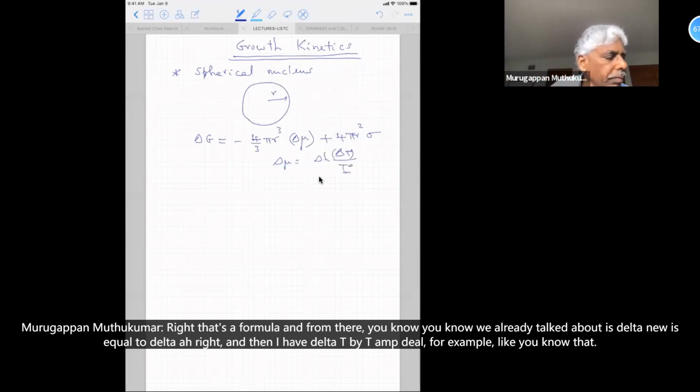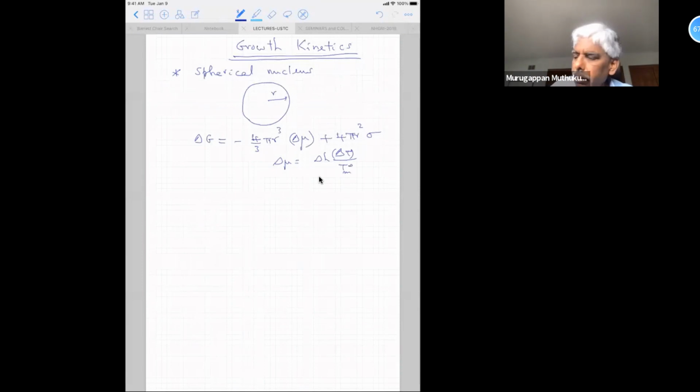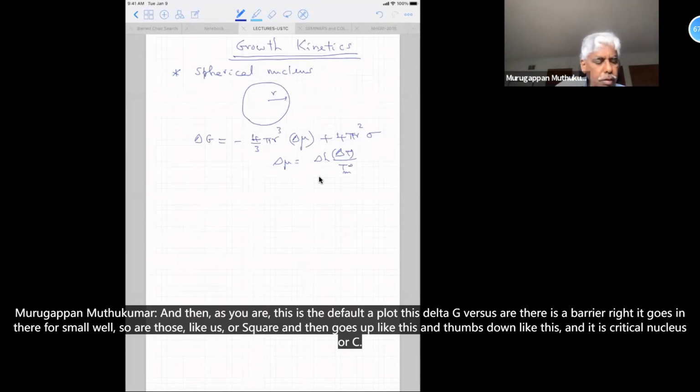You know that. And as you discussed before, if I plot this delta G versus r, there is a barrier. For small values of r it goes like r squared, then goes up and comes down. And here is the critical nucleus r_c.